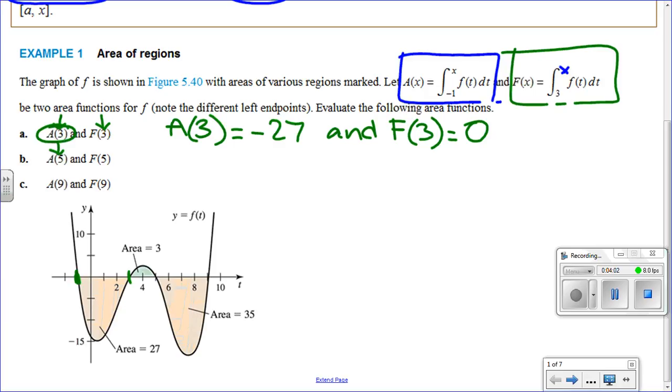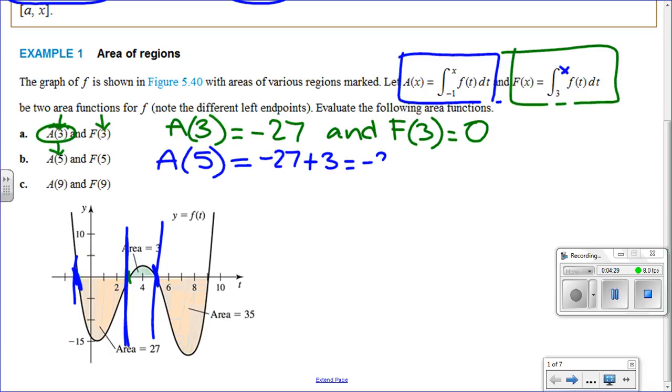So now the next one, we have A of 5. We're going to calculate the area from here to here. That is going to be the area that we calculated from here to here, which was -27. And then the area from here to here is positive, right? It's above the x-axis, and that is equal to 3.